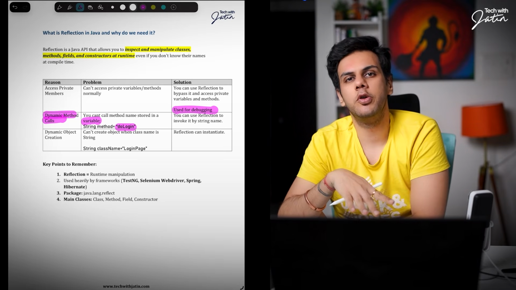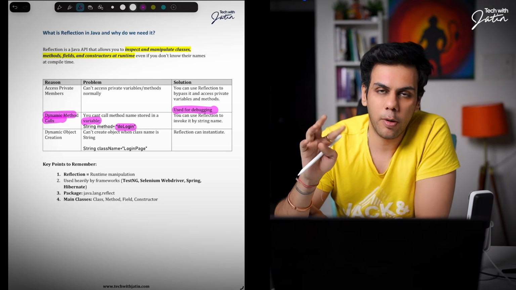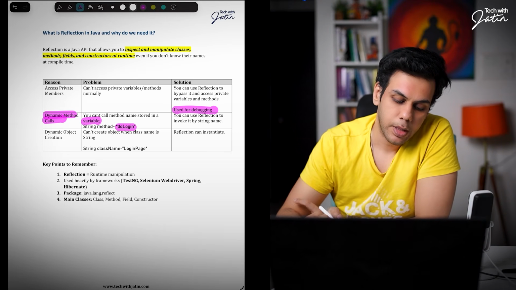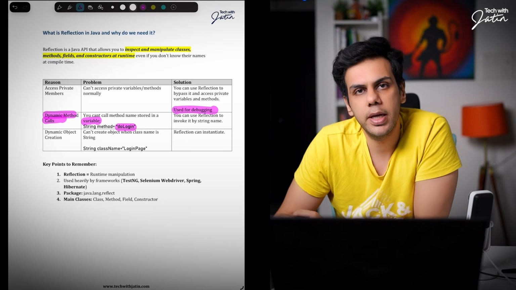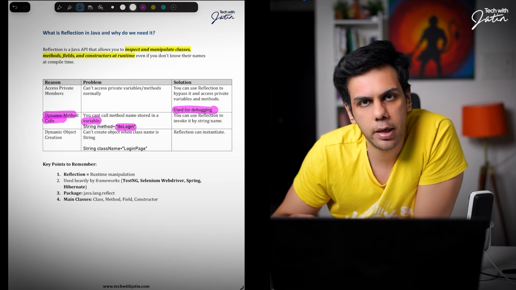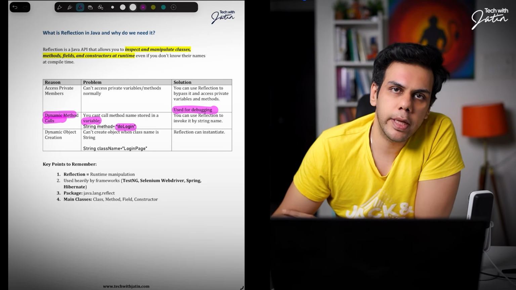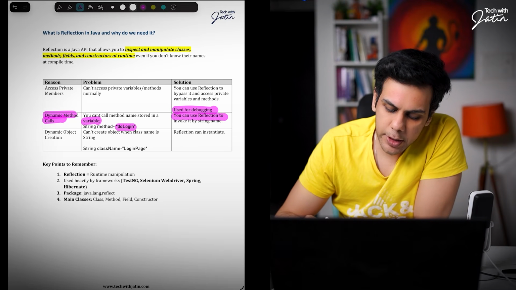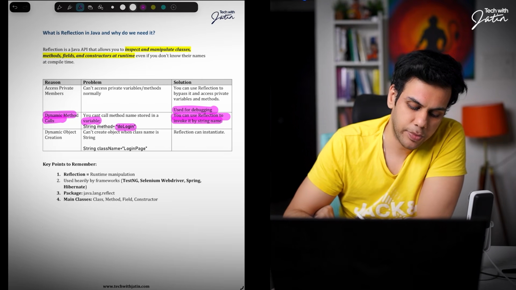So everything is going to happen at compile time, because the moment you're using an object reference, the auto suggestion comes into the picture. But if the method name or the field name is stored in a string, you can use reflection and you can invoke them or access them. So you can use reflection to invoke a method which is stored in string format.